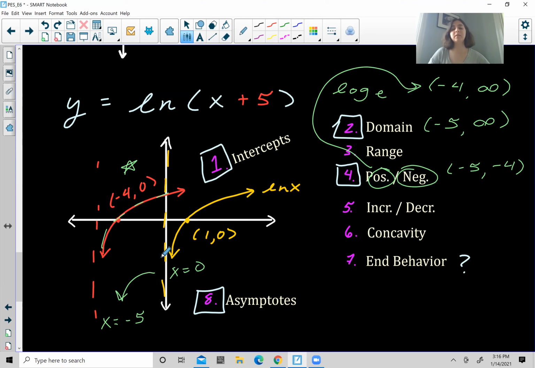Okay, so you might be wondering, because we shifted it left, does the end behavior change? And the answer is no, because first of all, x doesn't approach negative infinity, so we can ignore the left. And if we look at the right side, even though we shifted it left a little bit, that doesn't really mean a whole lot in the grand scheme of things, because as x goes to positive infinity, both of these graphs are still going to approach positive infinity as well.